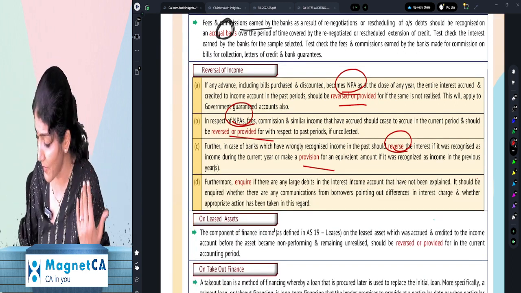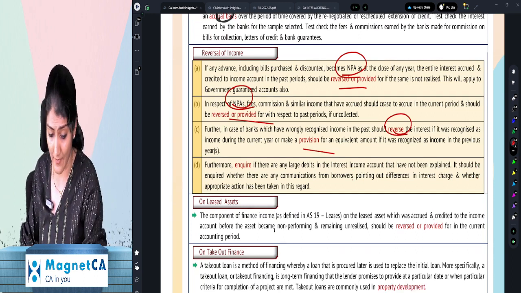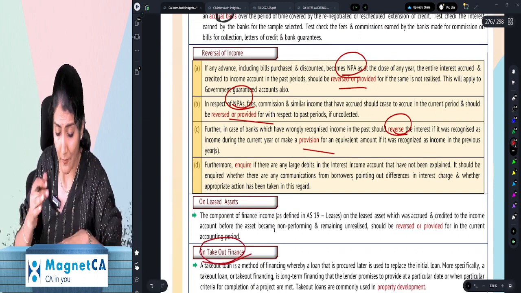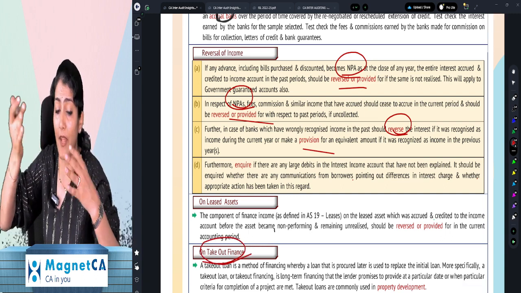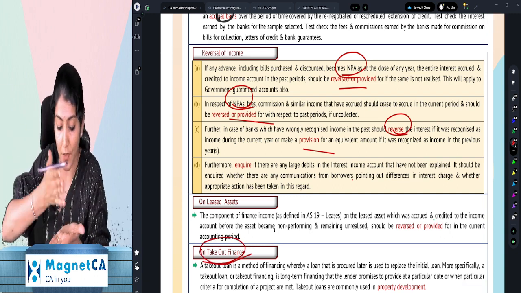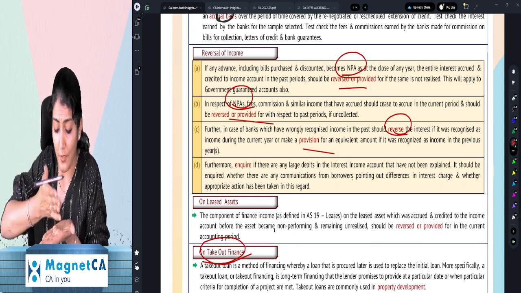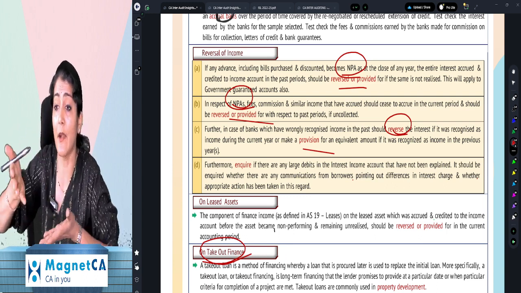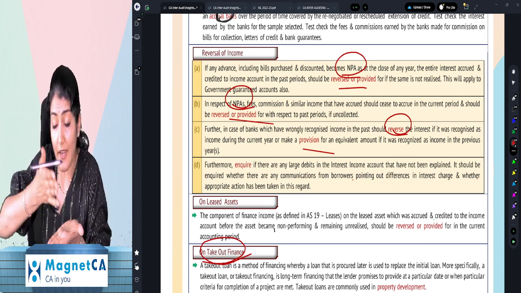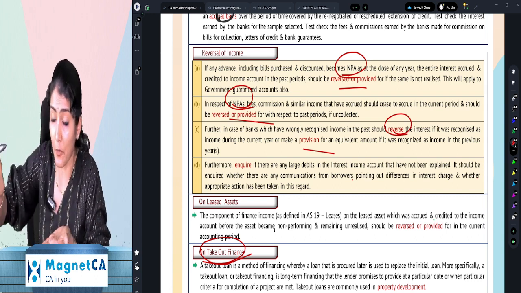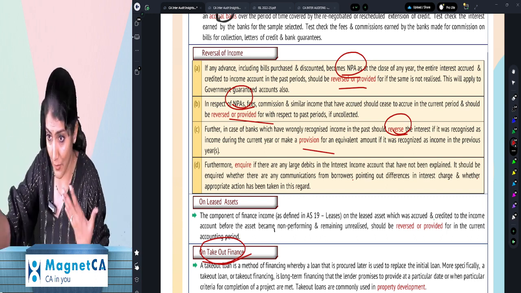So let it be your leased assets or takeout finance. Now that's another term over there. You are taking a loan, and then there are stages of the loan. First, you are taking a loan from the bank for purchase of land. Then after purchase of land, you take a loan for setting up the manufacturing plant. Then after the plant, you take a loan for purchase of inventory, raw material.